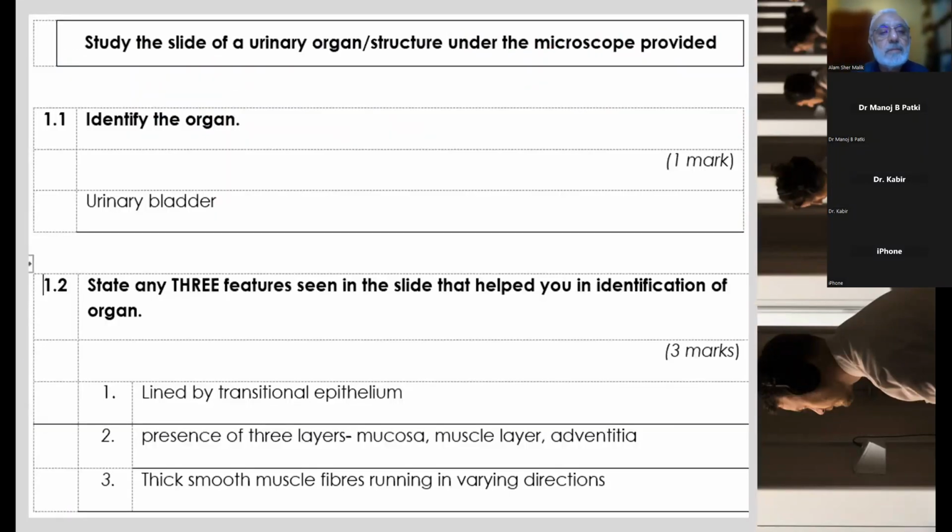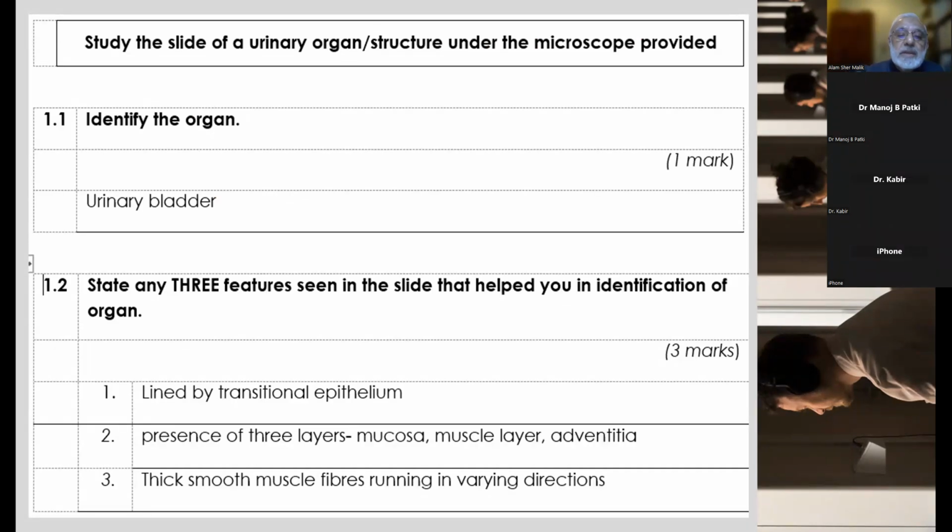Here is another example from anatomy. The slide of the urinary system is provided. And the first question is to identify the organ. And the second is to state any 3 features seen in the slide that help you in the identification of this organ. Now, the important point here is that the first is to identify the organ. Okay, the student might identify the organ or somebody might whisper in the ear.